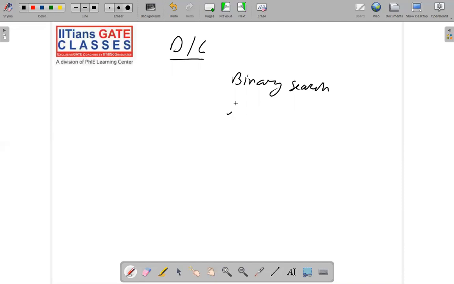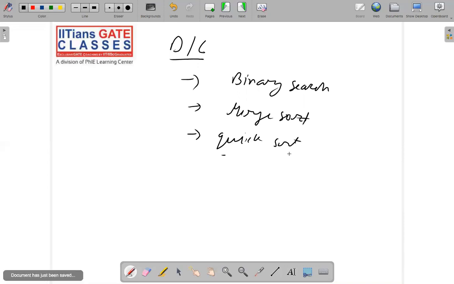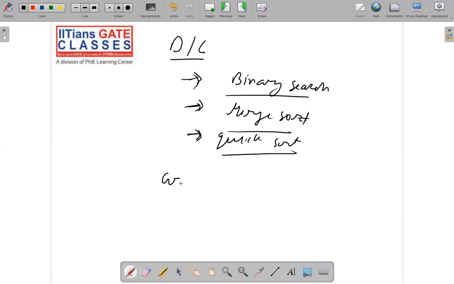We will also cover merge sort. So merge sort and quick sort are divide and conquer algorithms, and these are the main divide and conquer problems. We will solve these problems tomorrow. Then we will move to greedy algos. Thank you all for joining.